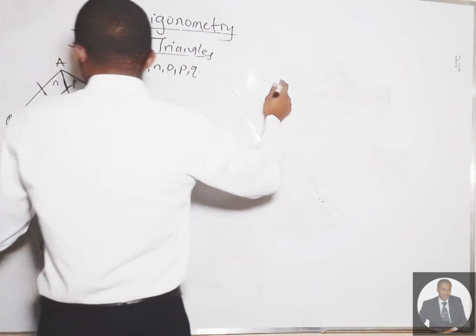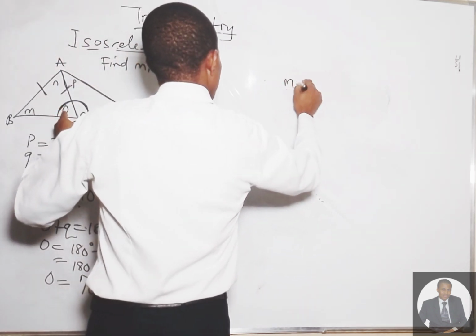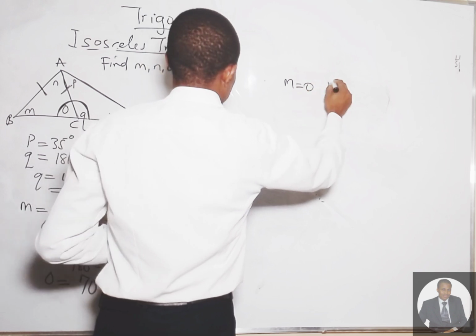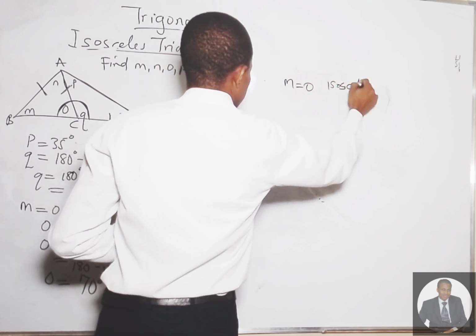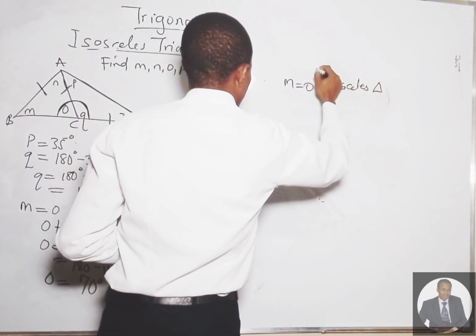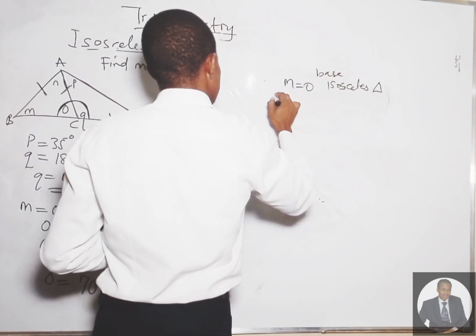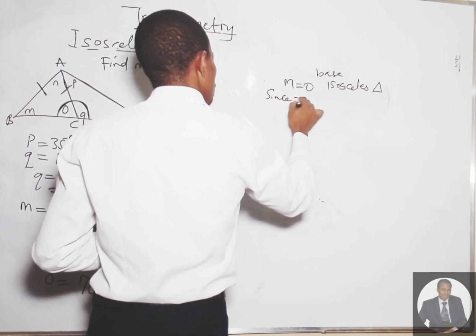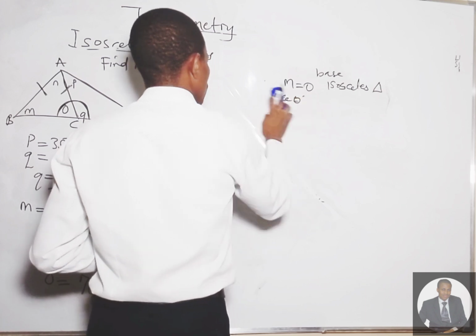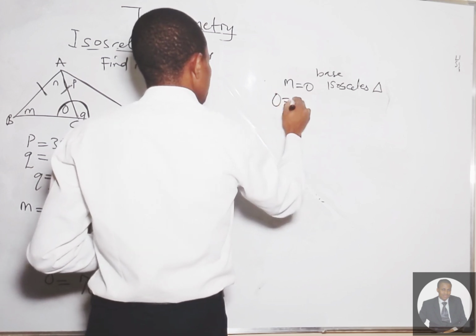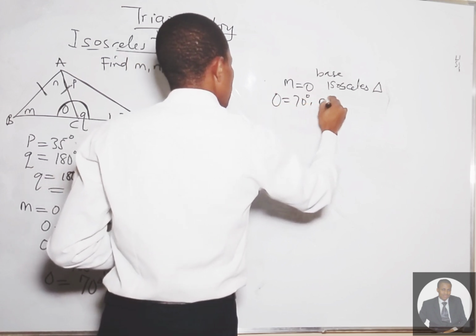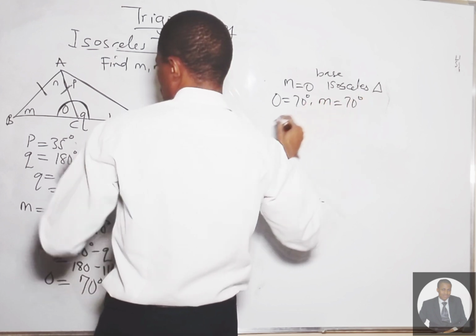Now, M equals O because of the isosceles triangle, base of an isosceles triangle. So it means that since O is 70 degrees, M is also 70 degrees.